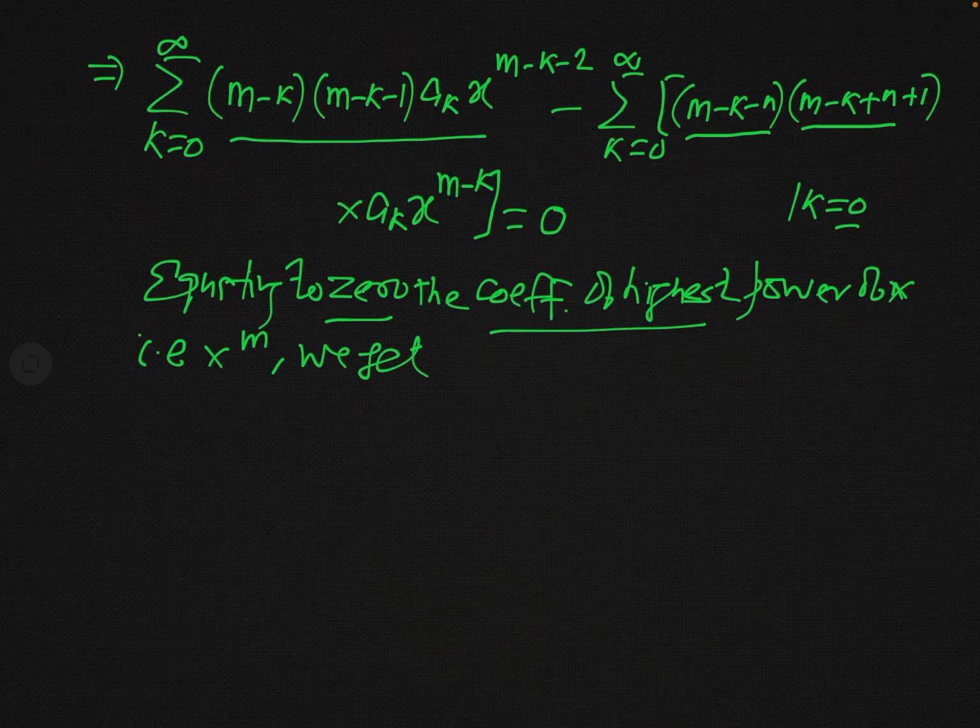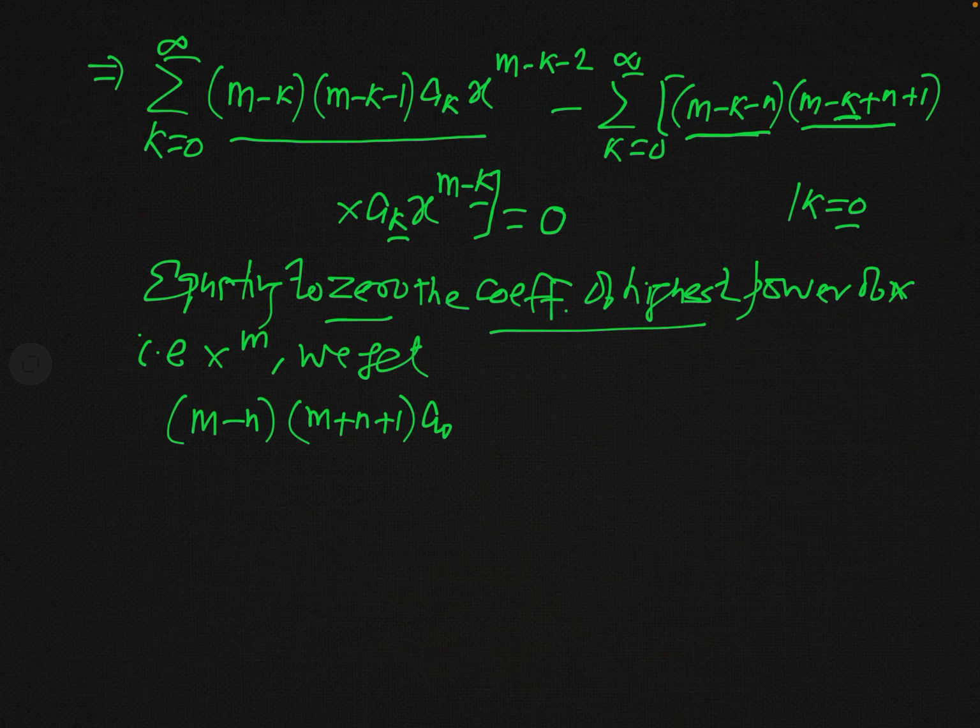You will then get the initial equation. When we take k equal to 0, then m minus k minus n will be m minus n, into, again taking k equal to 0, m plus n plus 1, and k is 0 so a_k will be written as a naught.